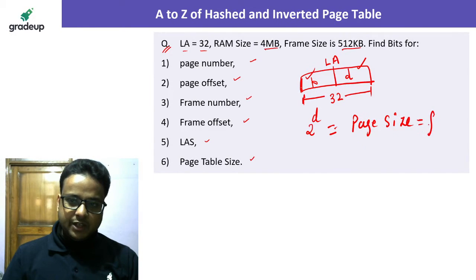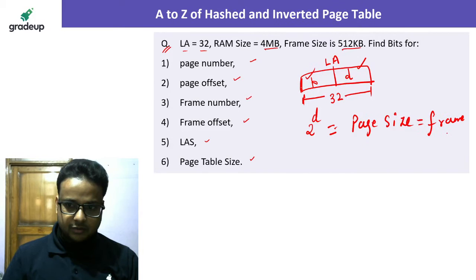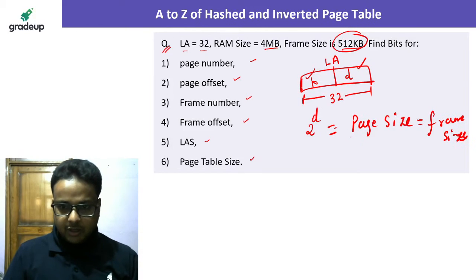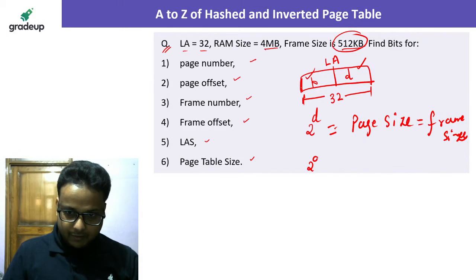Page size is equal to frame size, and they have given frame size is 512 KB. So 2 raised to power D will be 512 KB.